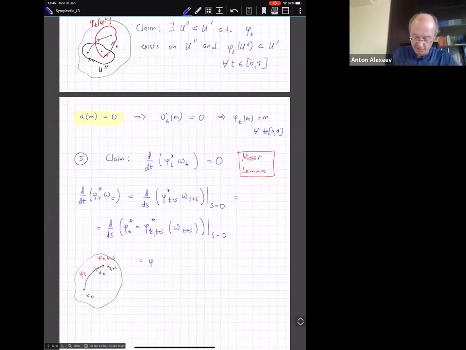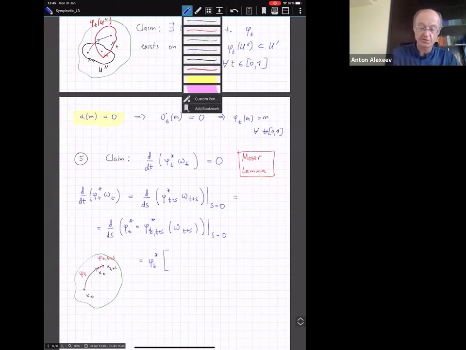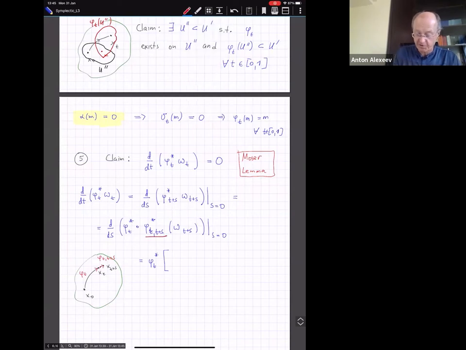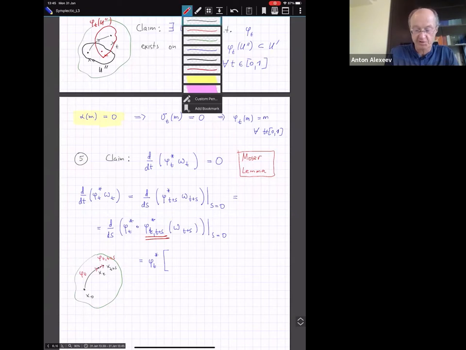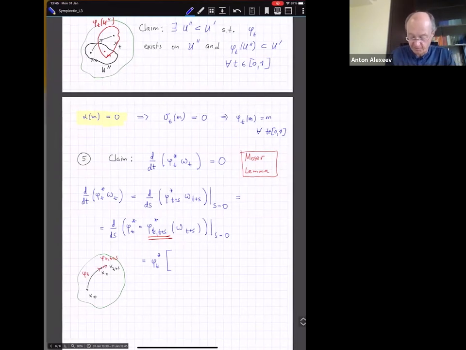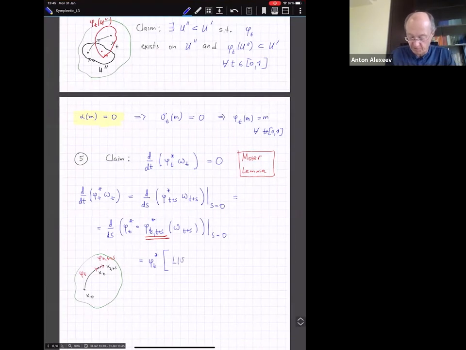That's because now phi t star, I don't touch it. And now I compute the derivatives. First of all, the derivative over s is just the definition of a Lie derivative, the one that we saw last time. So this is the Lie derivative along Vt of omega t, where I now put s equals 0 on omega.